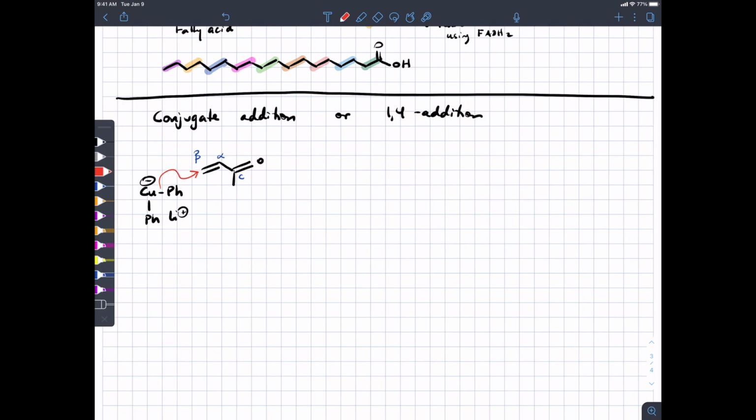The reason we could do that is because if we make the new bond between our nucleophile and the beta carbon, the electrons in the alpha beta carbon-carbon pi bond can move over onto the alpha carbon where they are stabilized by resonance.